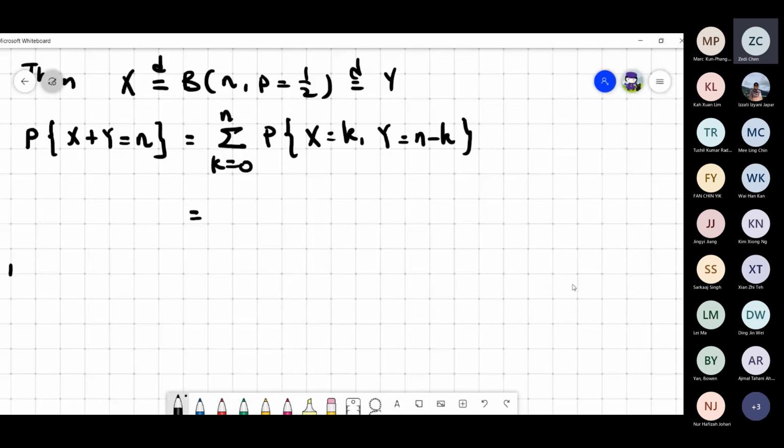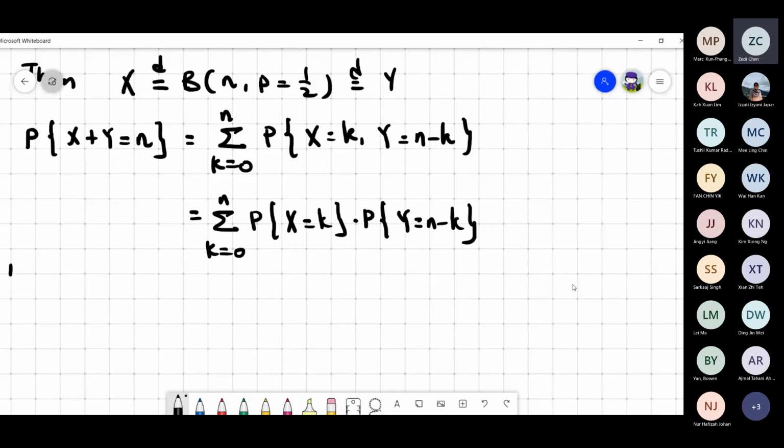So then this is equal to the summation over K from 1 of P of X equals K, multiplying P of Y equals N minus K. This is clear because X, Y are independent. Okay, the next one is a standard formula in distribution theory.